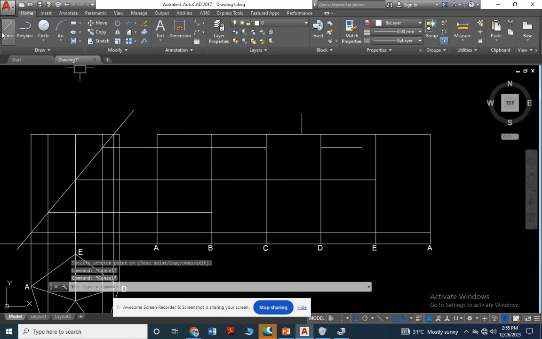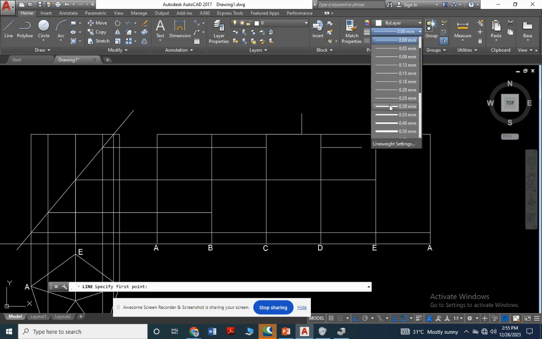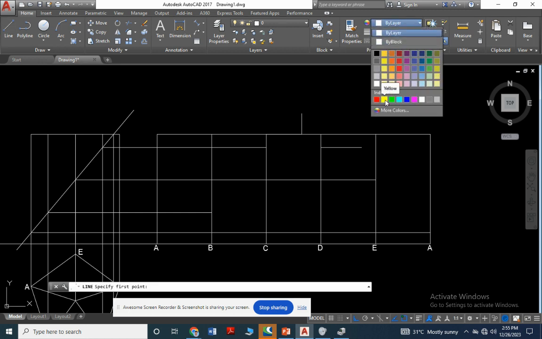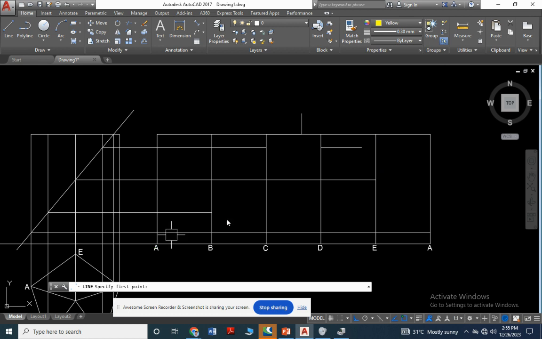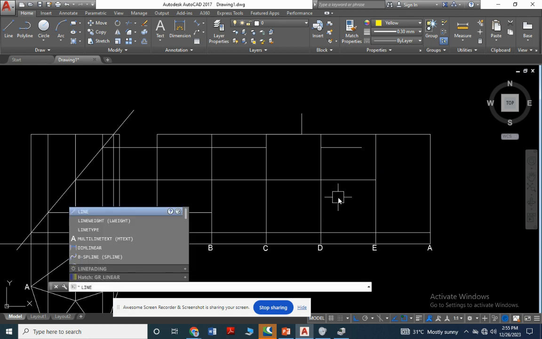Now joining the lines. For that, line weight should be on.